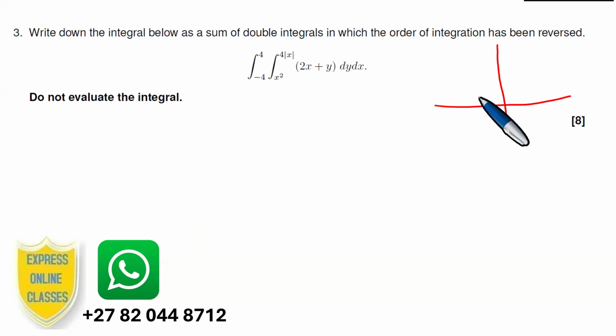So which means that you have this one here.